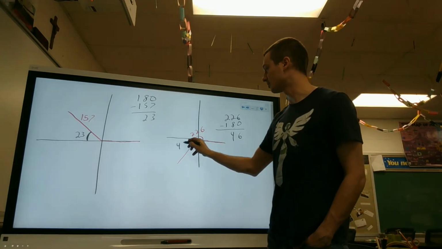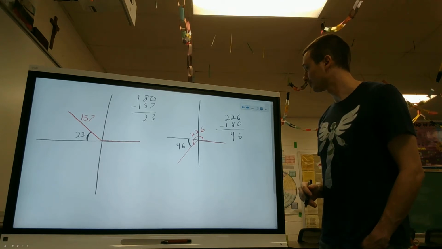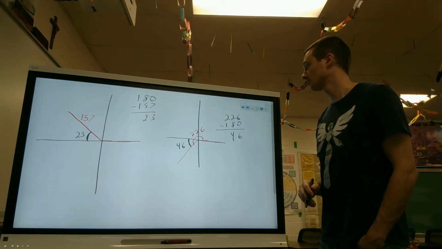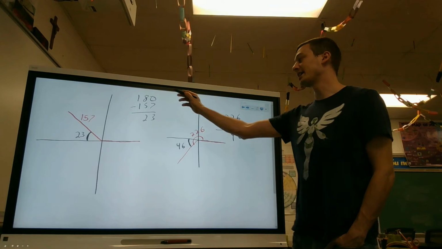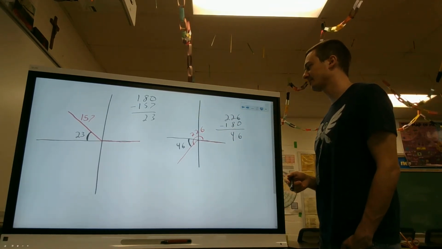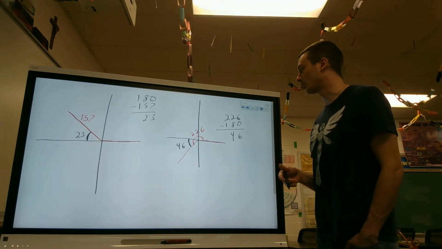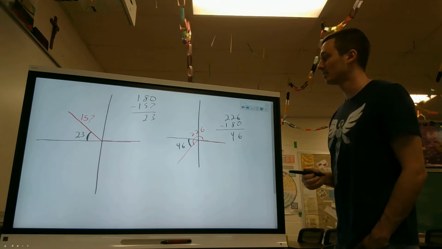So this is 46 degrees. There you go. That's it. So whether you do 180 minus the angle or the angle minus 180, just use some thinking about that. The same thing would work if you were dealing with radians.